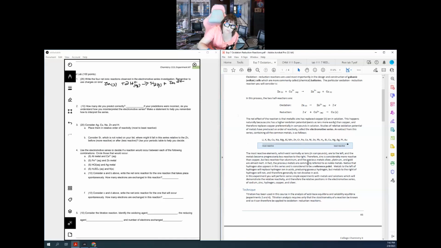So for instance, silver's down here. So I would put this down here because, again, that's least reactive. I'm writing it in the same order that it appears in the lab manual. And then I want to find the rest of them and put them in whatever order they appear in that list there. Okay, so that's how I want them to go in there.